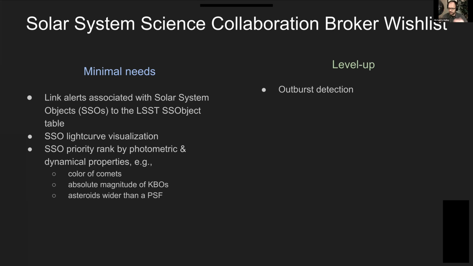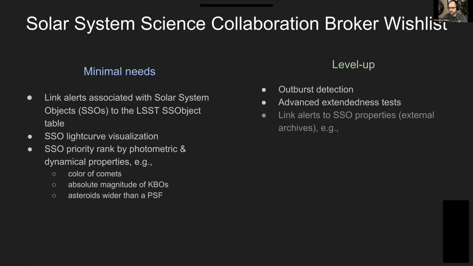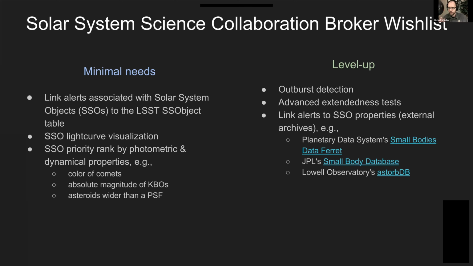At the next level is the outburst detection, the advanced extendedness test that I went into a little bit. Then also linking the solar system object alerts to external archives, and I have a couple of examples. JPL has a database, Lowell Observatory has a database. That way we can rank alerts or rank transients, say we want impacts that happen on carbonaceous asteroids, which ultimately would be a very fascinating thing to study.